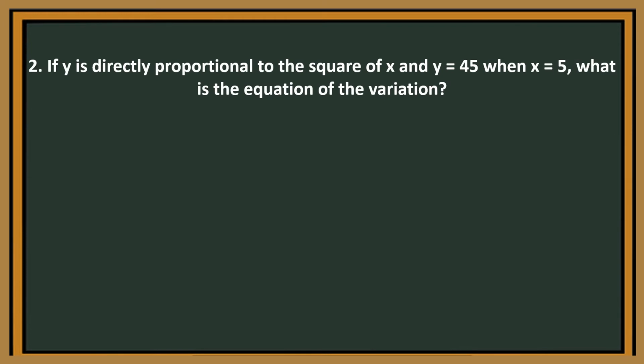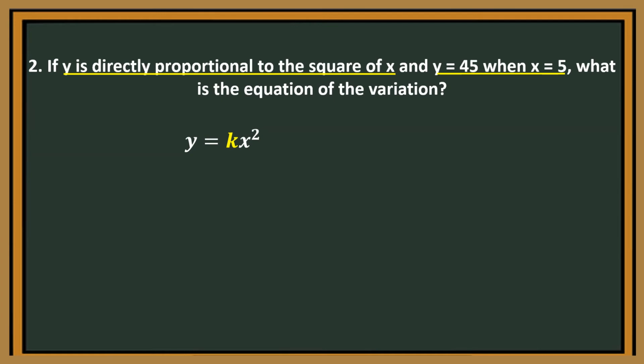Number 2. If y is directly proportional to the square of x, and y is equal to 45 when x is equal to 5, what is the equation of the variation? First, we translate "y is directly proportional to the square of x." In equation, that is y is equal to kx squared. Next, y is equal to 45 when x is equal to 5.